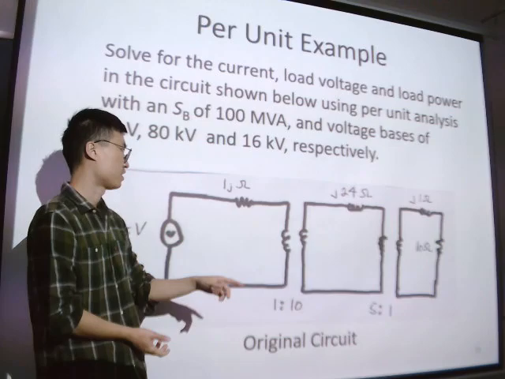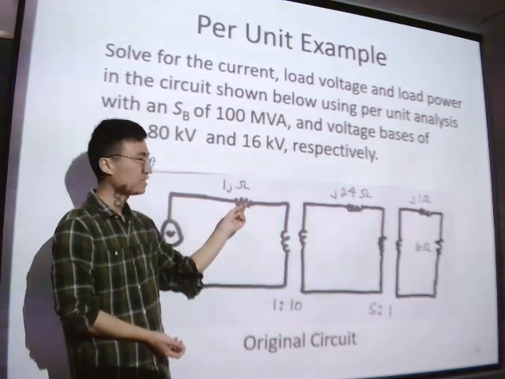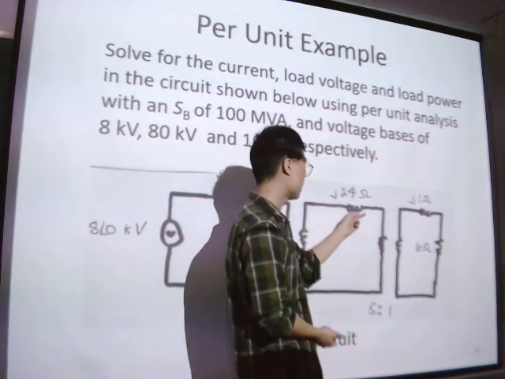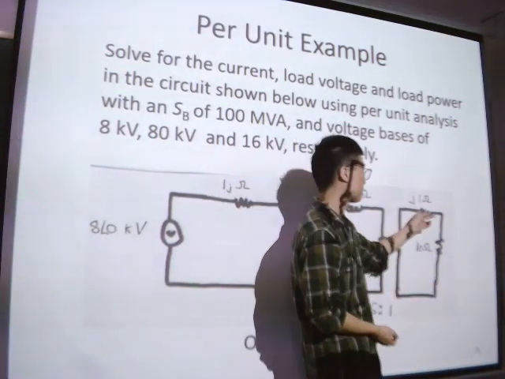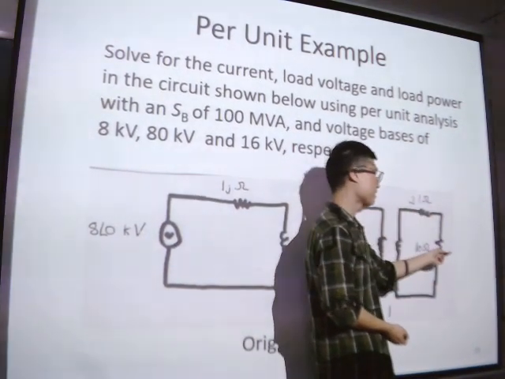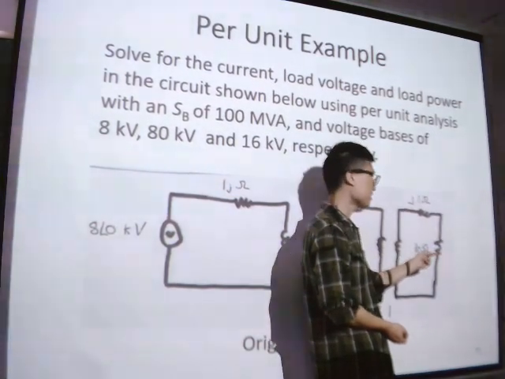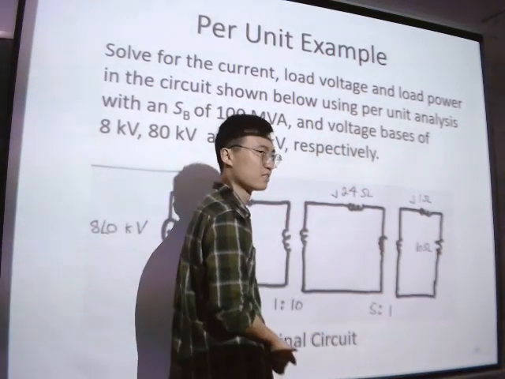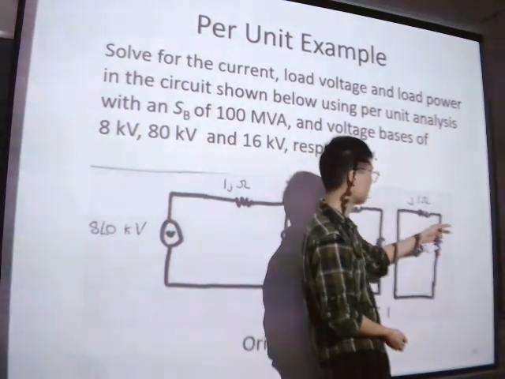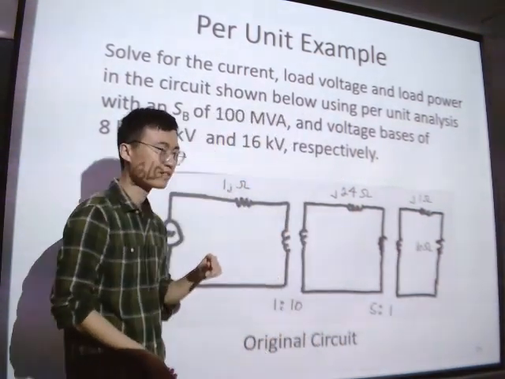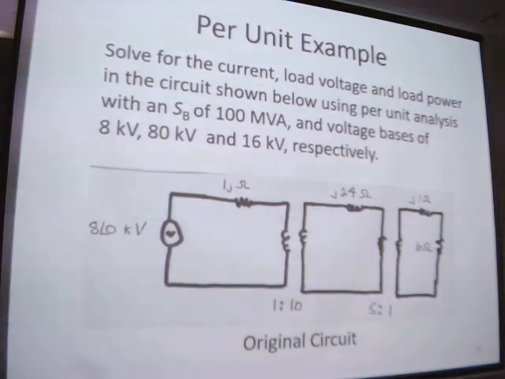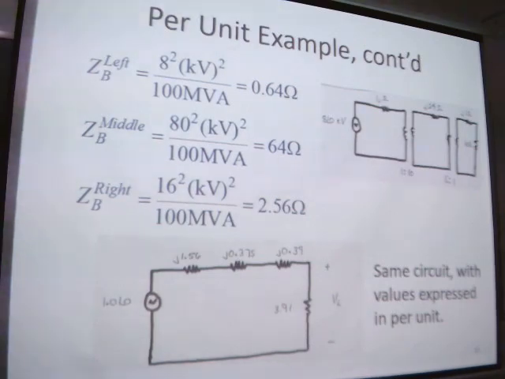Here there is a reactance 1j, and here 24j, and here 1j, but at the node maybe a 10 ohm resistor and inductor. Okay, so let's get started with the per unit.